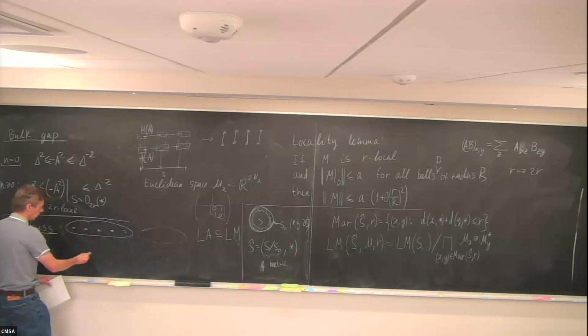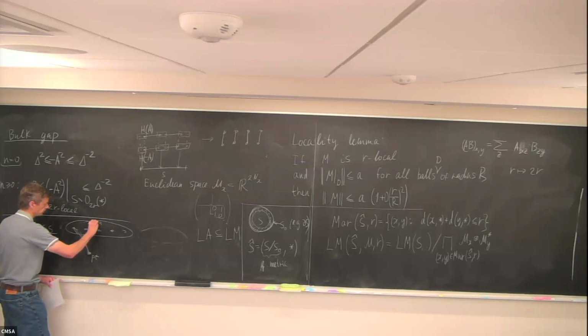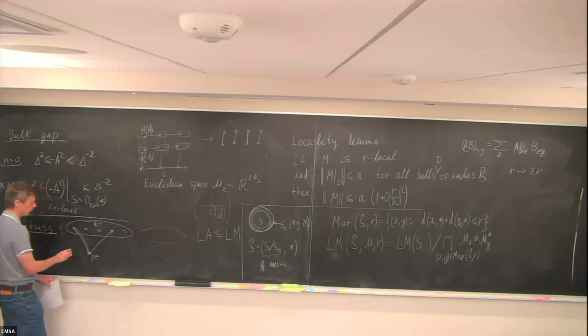Suppose we have an element corresponding to a point, the local matrix corresponding to a point, and we want to map this point to Rn. And we can move this point to Rn in different ways. For example, we can map it here or there.